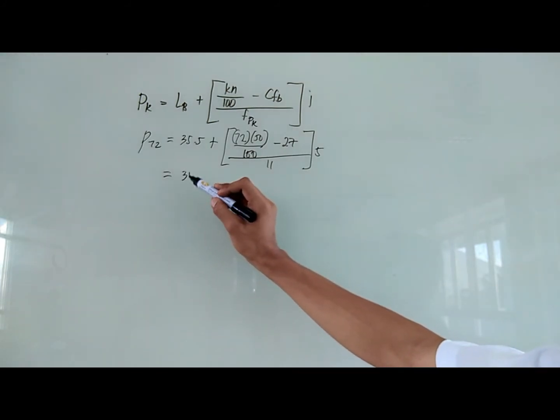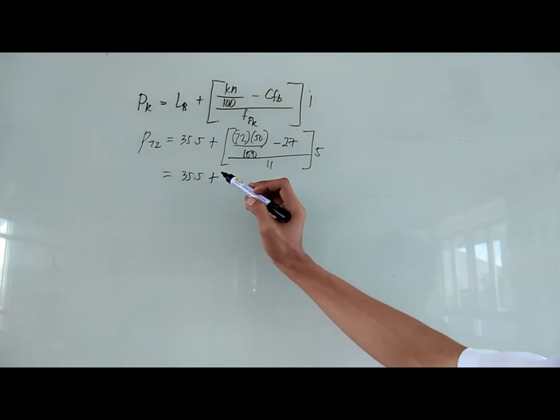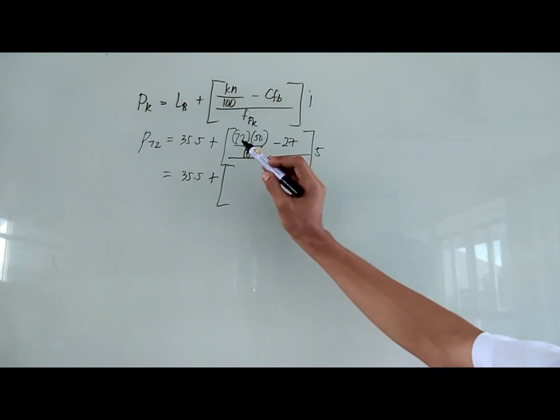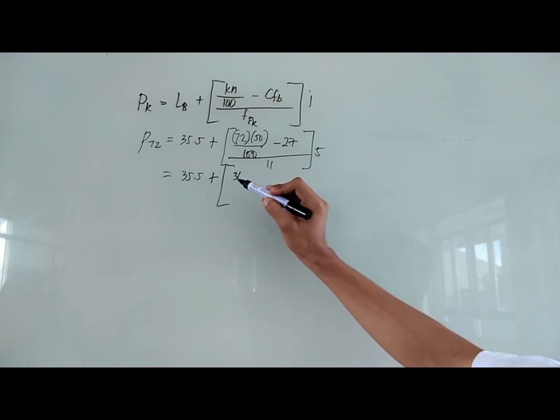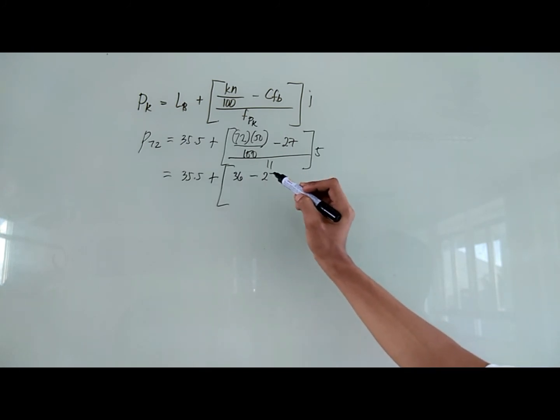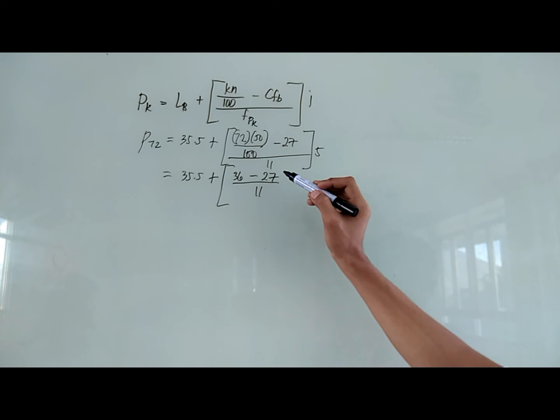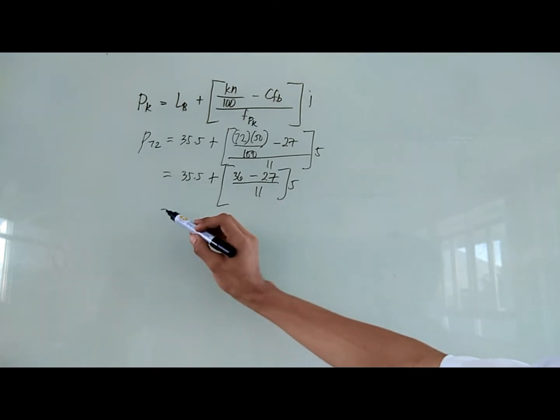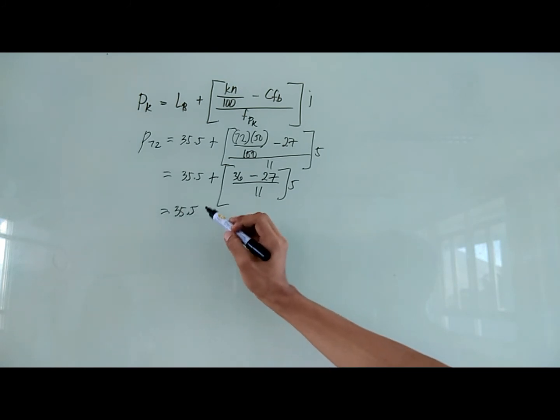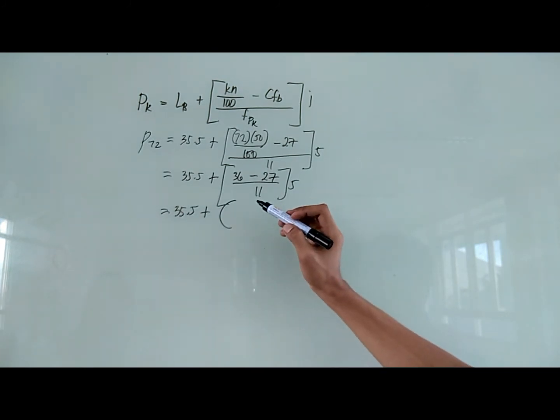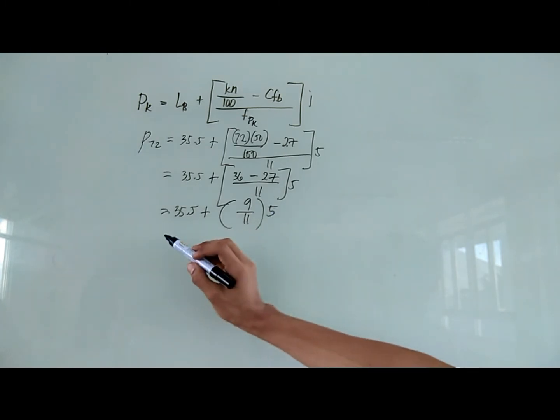P72 is equal to 35.5 plus the quantity of 72 times 50 divided by 100, which is 36, minus 27, divided by 11, multiplied by 5. P72 is equal to 35.5 plus the quantity of 36 minus 27, which is equal to 9, divided by 11, multiplied by 5.